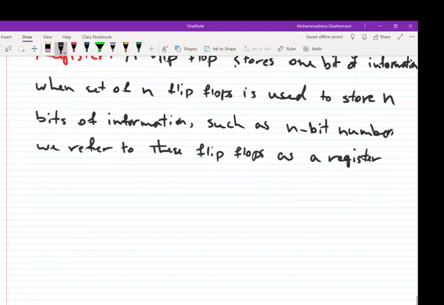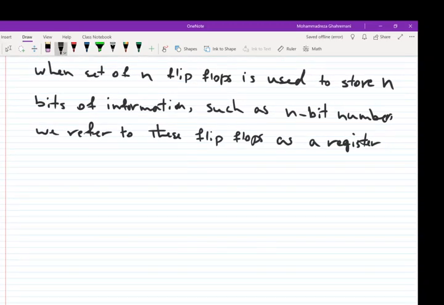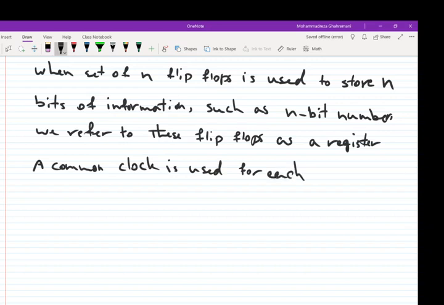You should notice that a common clock is used for each flip-flop in a register.